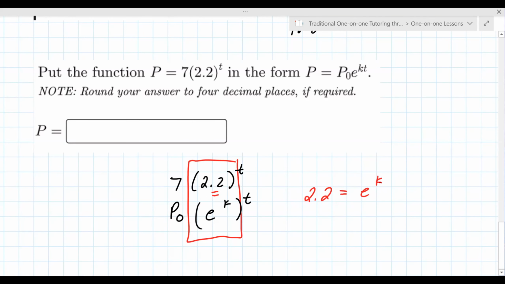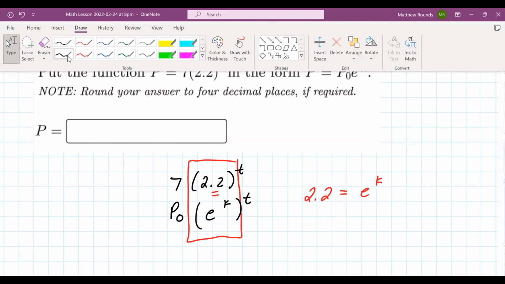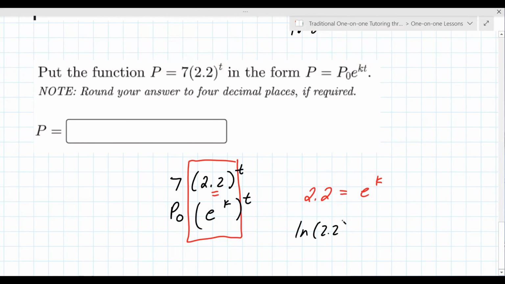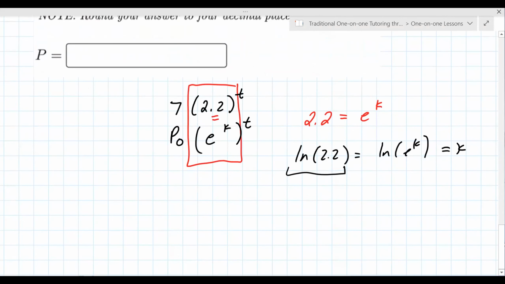How do you solve for k? How do you undo e? ln. Yeah, ln. You take the natural log of both sides, equals natural log of e to the k. It becomes just k. So this right here is your k value. That's not the final answer, but that's part of it.